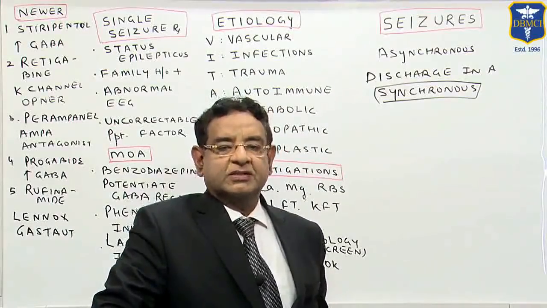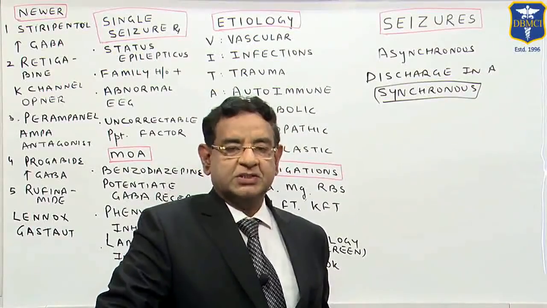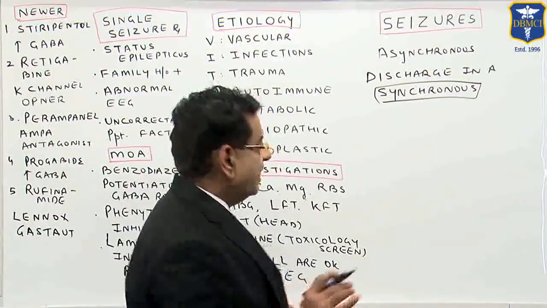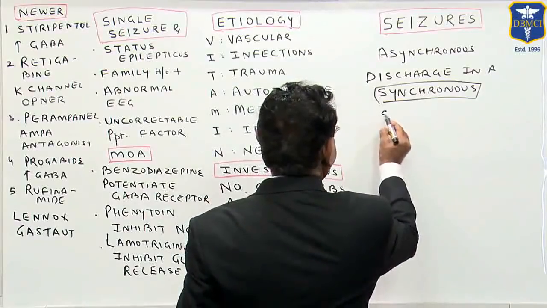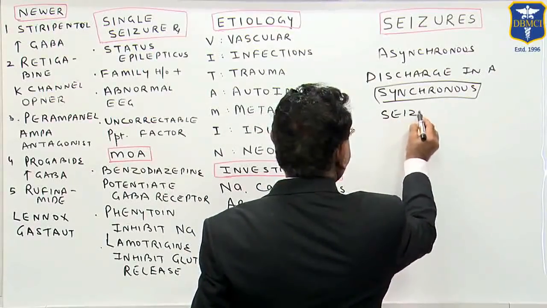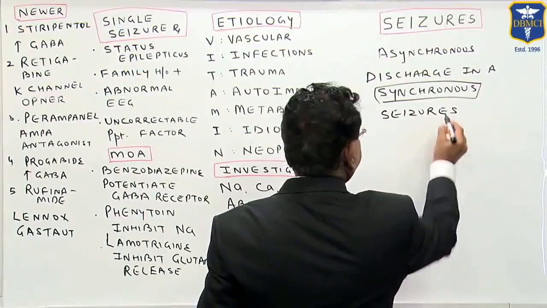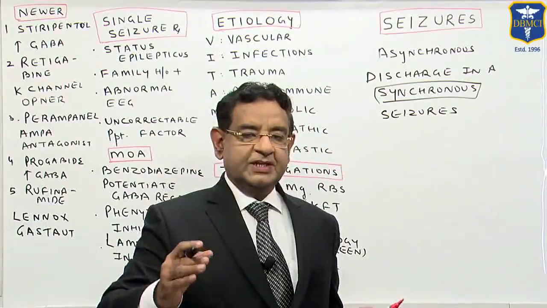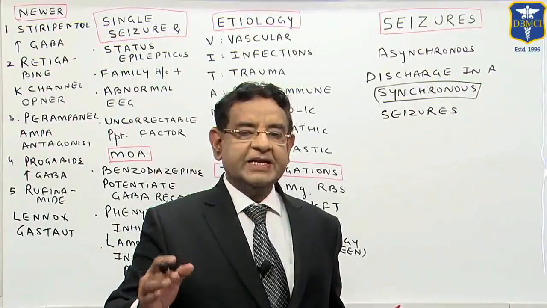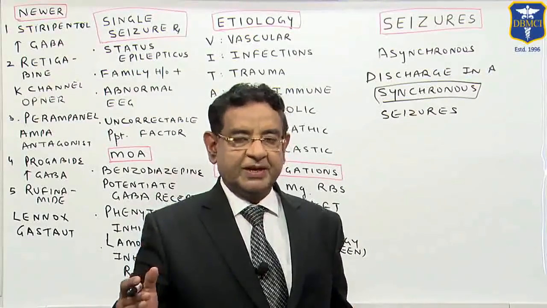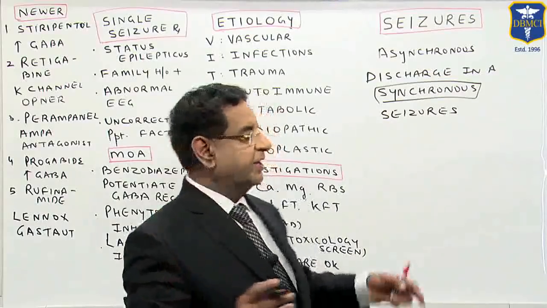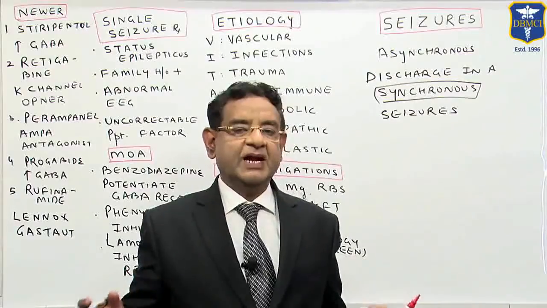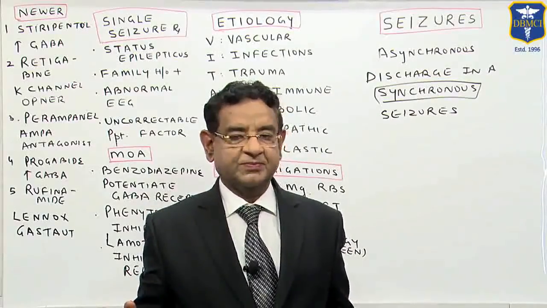There is synchronous, hypersynchronous discharge from a group of neurons, and that is known as seizures. So in other words, we can say there is disturbance in the electrical activity of the brain, thereby a group of neurons discharge in a synchronized way, that we call seizures.